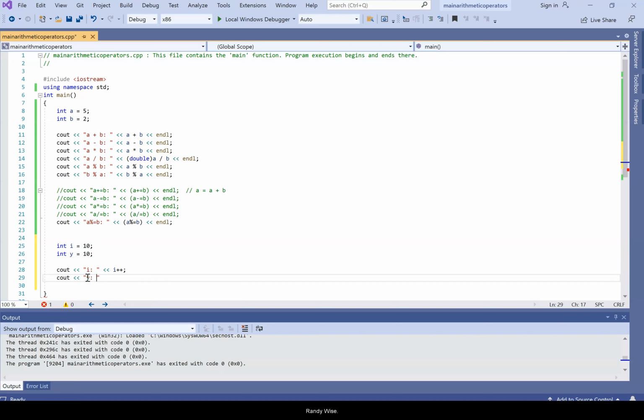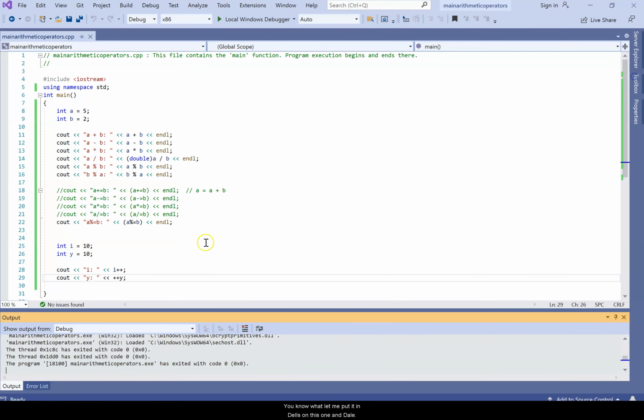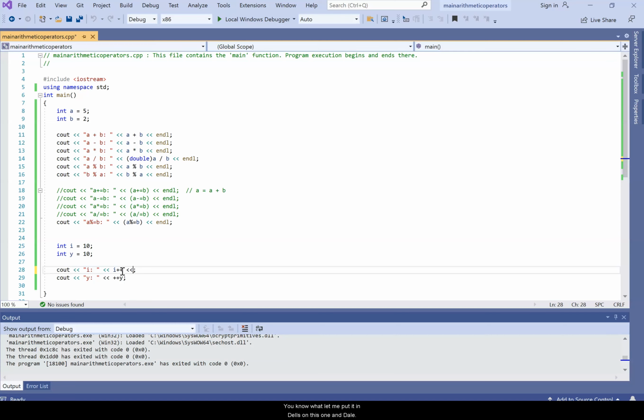I'm going to do y, and I do plus plus y. Let's look at these at the bottom too here. You know what? Let me put endls on this one.